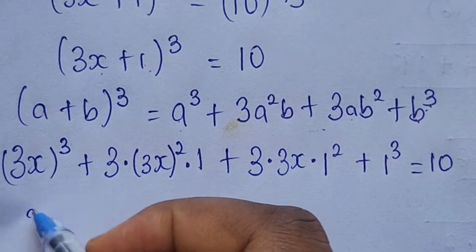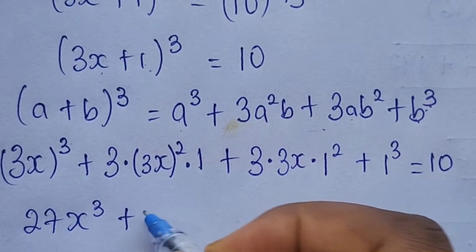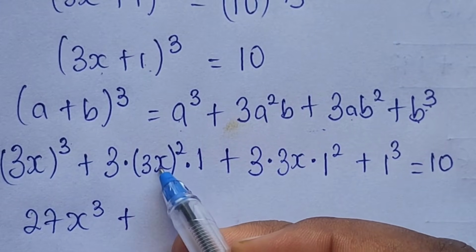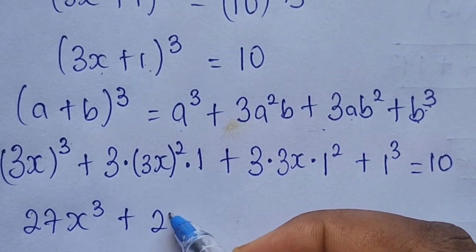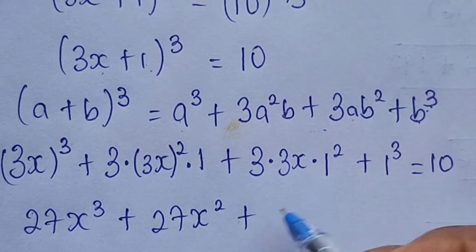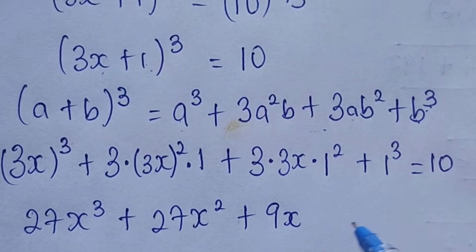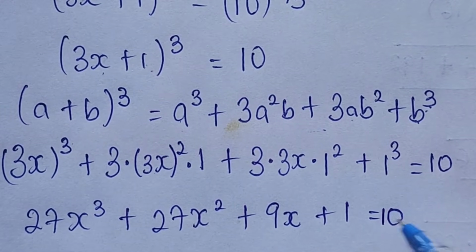(3x) to the power of 3, we have 27x cubed, plus we have 3 times our (3x) squared, we have 27x squared, plus this will give us 9x, and we have plus 1 is equal to 10.